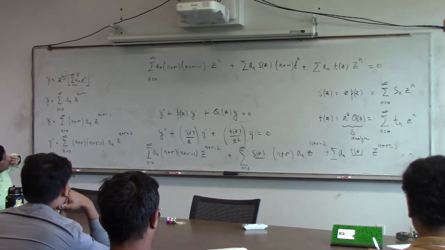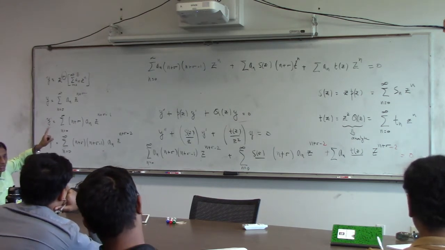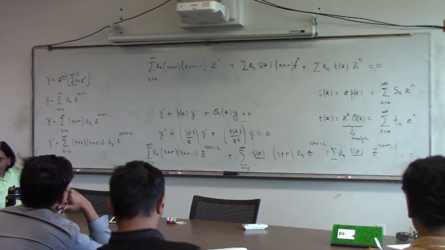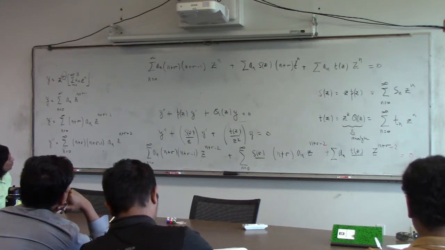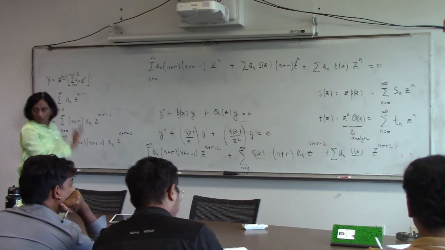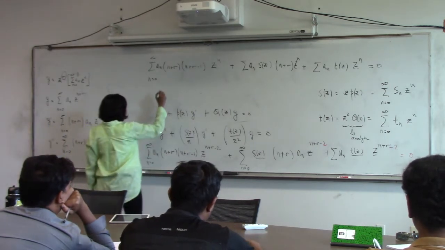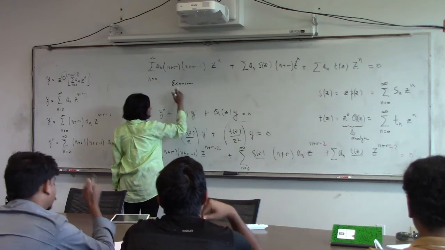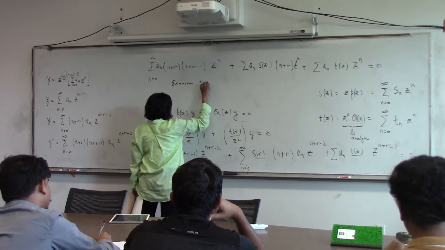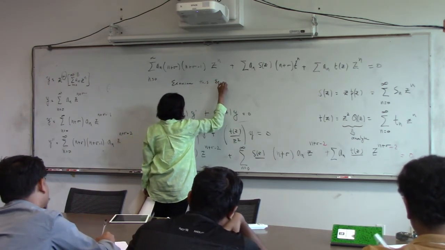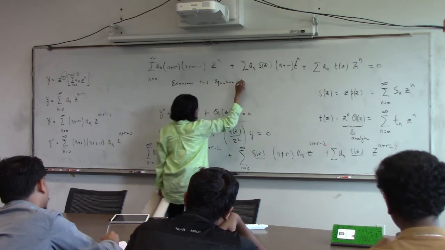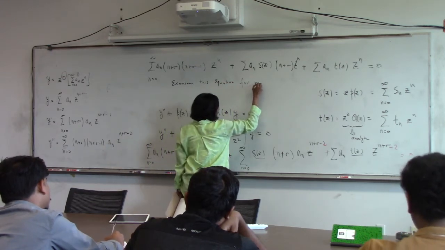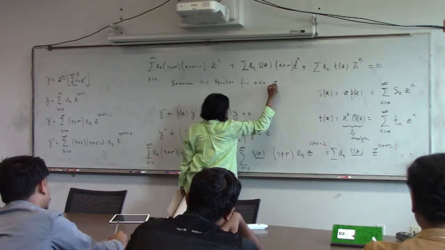And how can I come up with a way to get sigma? So what we looked at is this equation. We are going to examine this equation for just n equal to 0 and z equal to 0.